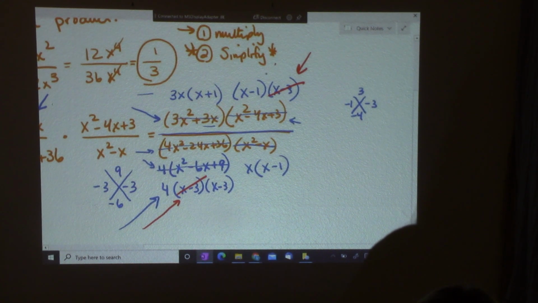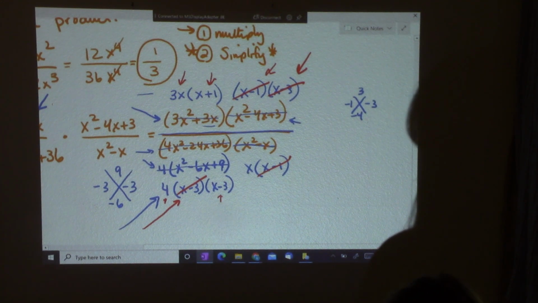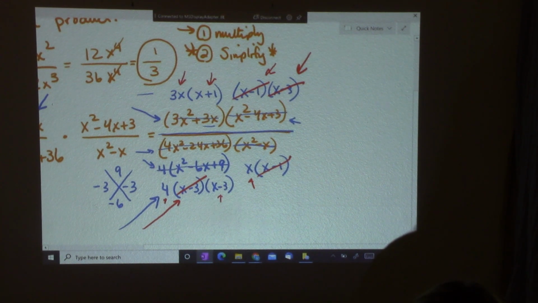And I have here an x minus 1, and I'm also going to cross out an x minus 1 down here. Now I don't have a 3x, an x plus 1, a 4, or an x minus 3, or an x, don't forget that, it gets kind of messy here, that I can cross out. So all of those are going to be part of my answer.